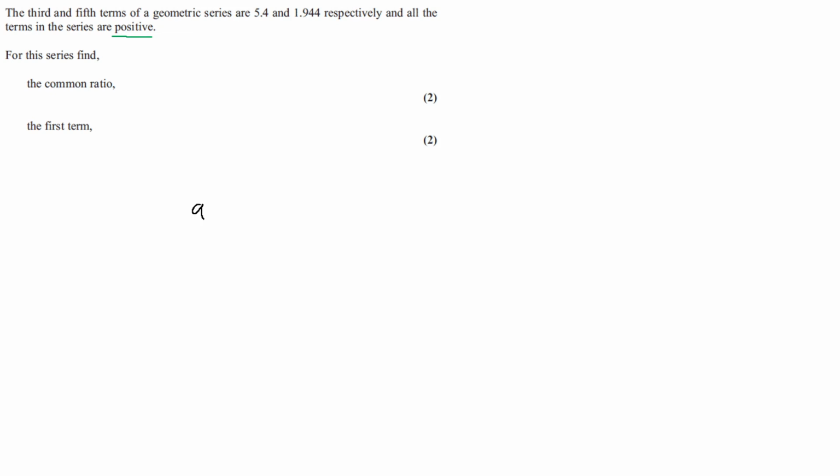We've got A, we've got B, we've got 5.4, we've got C, and we've got 1.944. The only logical thing we can do is 1.944 divided by 5.4, which is equal to 9 over 25.